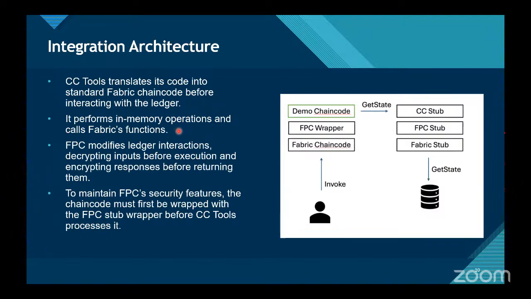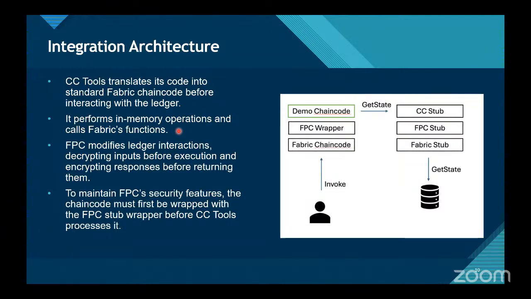And when the chain code starts execution, it goes in reverse. Okay, so CC tools stub will first translate its code to the FPC stub wrapper, which then performs the operations for communicating with the ledger and encryption and decryption, and then starts dealing with the ledger in a normal Fabric standard way.